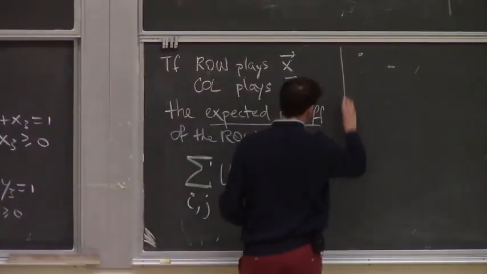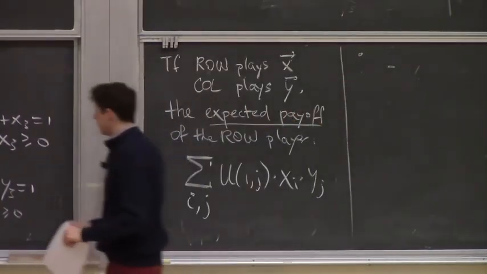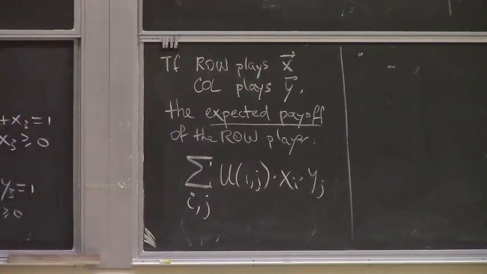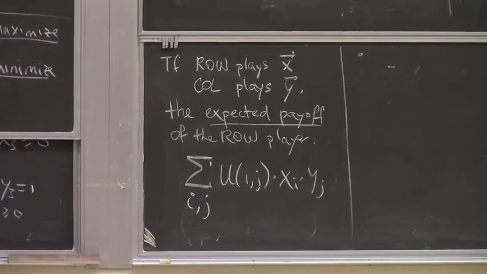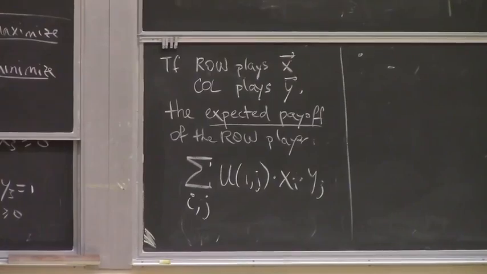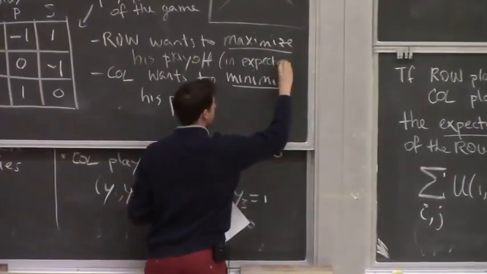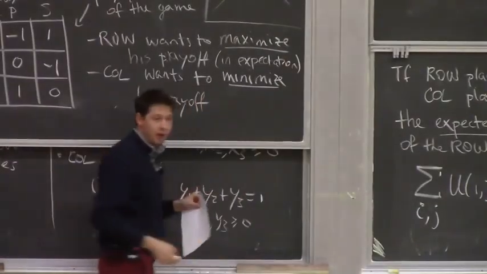So now that we've written the expected payoff, we probably should come back here and change. Here, we didn't have mixed strategies in mind. So now we should revise this and say, look, the row player wants to maximize his payoff in expectation, right? Because in general, the payoff is a random variable.